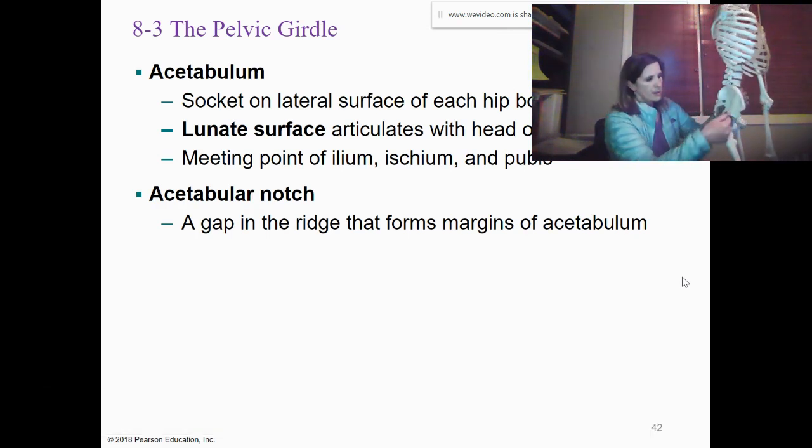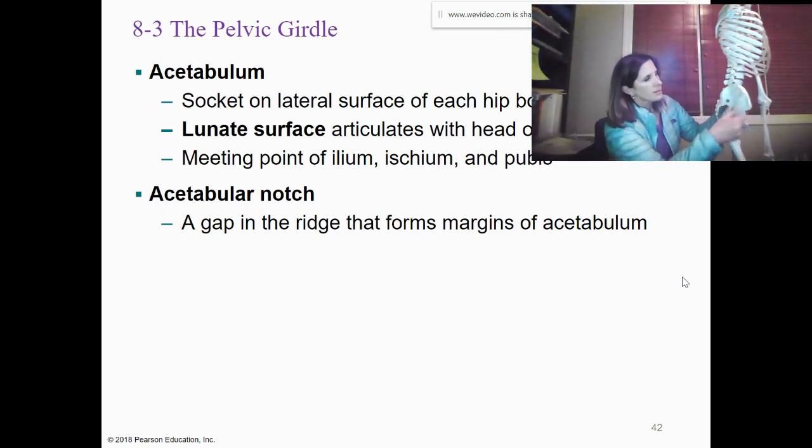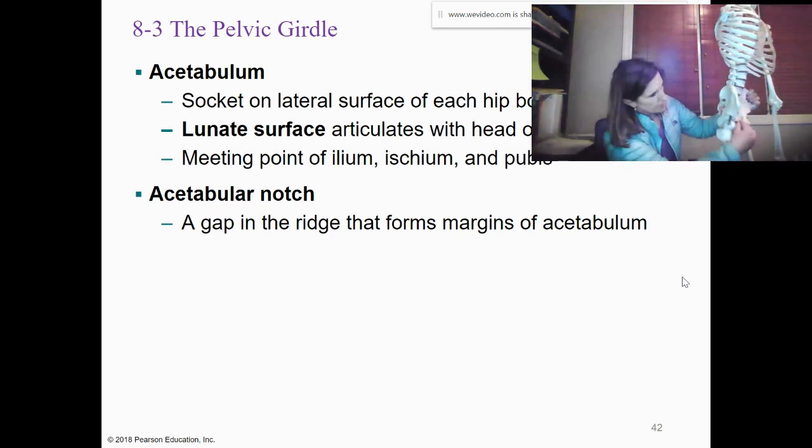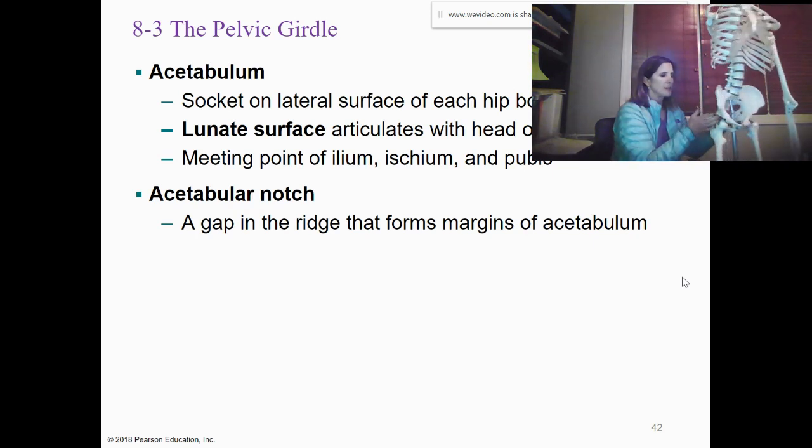The acetabulum is where all three bones connect: your ilium, your ischium, and the pubis over here. This acetabulum right here is the socket, and it's always going to be on the lateral surface.